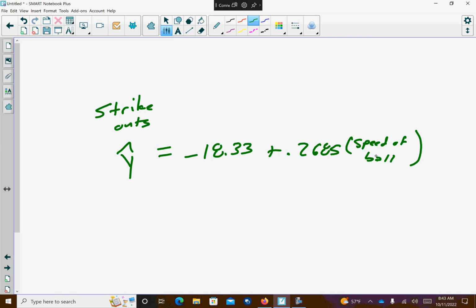So if you had that as your model that you were able to predict based on some sort of pitching that's taken place, this would suggest that if you threw a ball at 0 miles per hour, you have negative 18.33 strikeouts. Well, you can't throw a ball 0 miles per hour. It's not leaving your hand, so it's kind of nonsense. So many times you have to just beware of extrapolation.